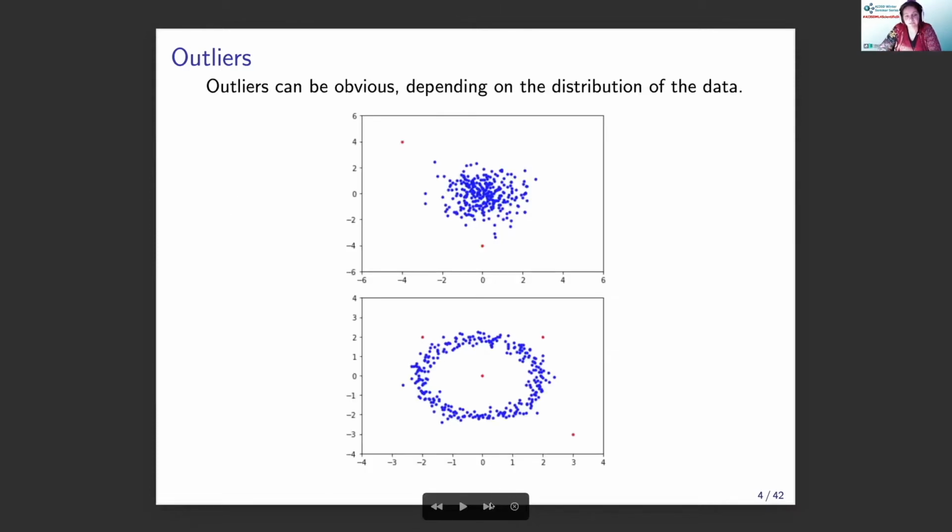Okay, so outliers can be obvious, though it does depend on the distribution of the data. To the human eye, it is quite obvious that this one at -4,4 in the top distribution is an outlier. It's not quite so clear whether the red dot at the bottom is an outlier or not. And in fact, it may or may not be.